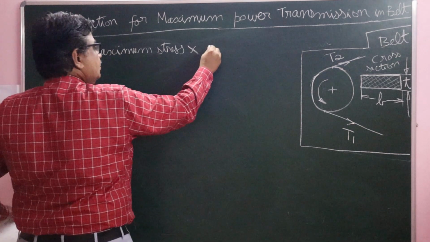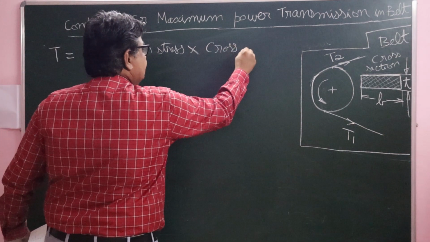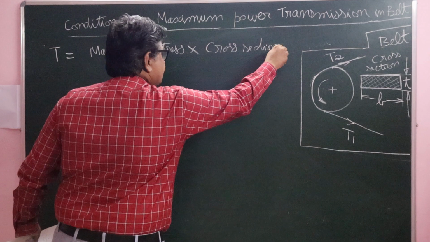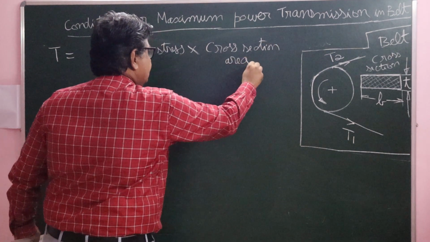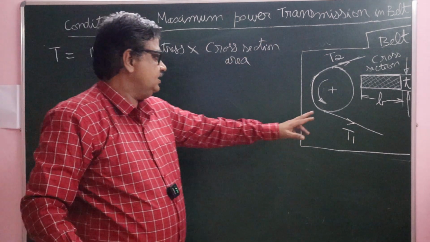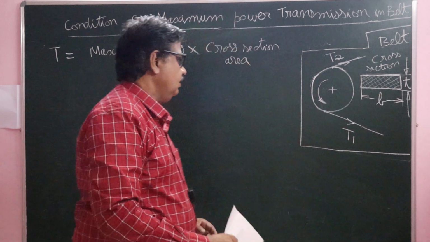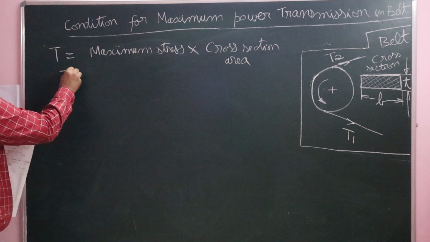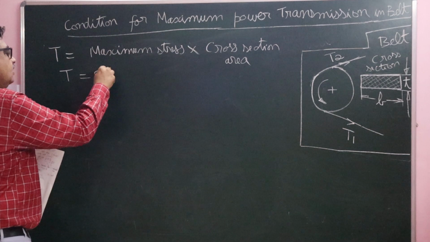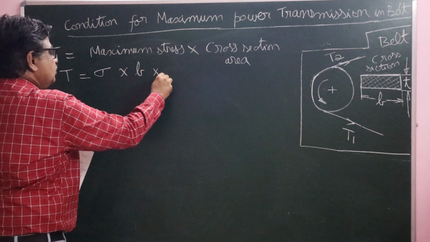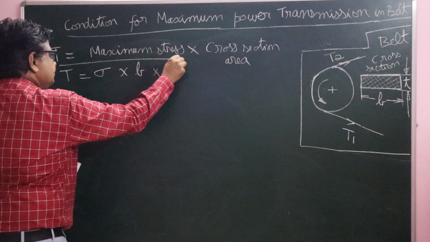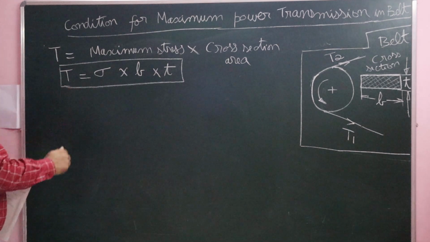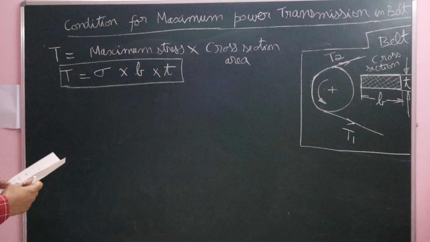The cross-section area of the belt is the width of the belt into thickness, b into t. Therefore, T is equal to sigma into b into t. So this is the maximum tension in the belt. But we have to derive the condition for maximum tension.